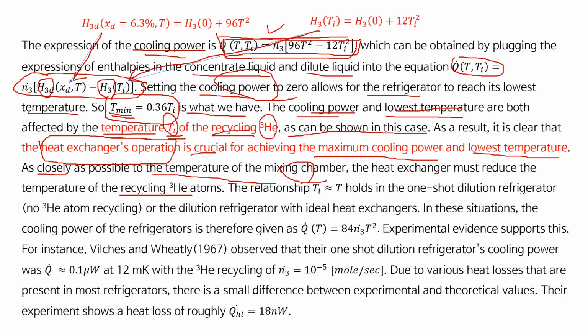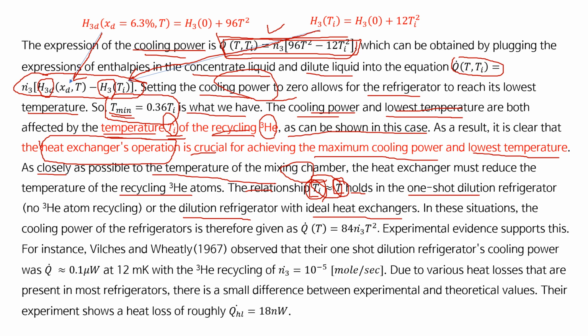The relationship is Ti close to T, where Ti is the temperature of recycling helium-3 and T is the temperature of the mixing chamber. So this relation holds in the one-shot dilution refrigerator, with no helium-3 atom recycling, or the dilution refrigerator with ideal heat exchangers.